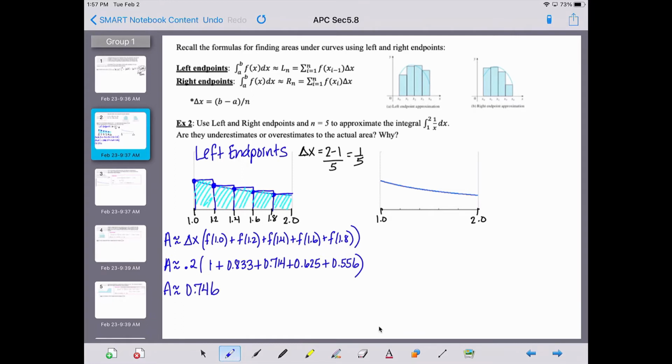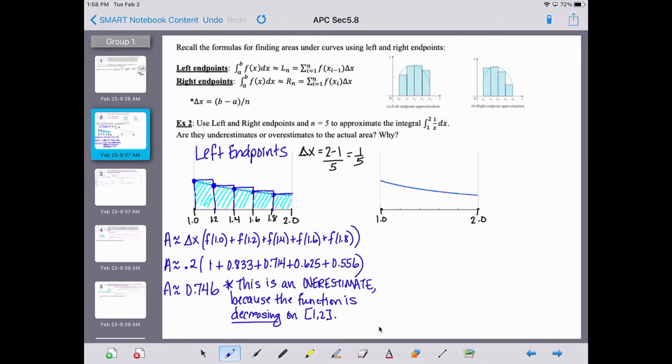And I know that this is an overestimate, because the function is decreasing on our interval from 1 to 2, right? Our function is decreasing on 1 to 2.